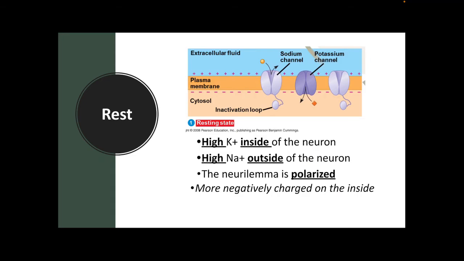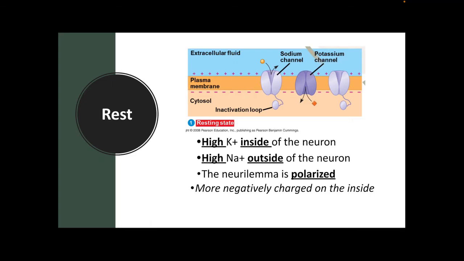The first part of the action potential is called the resting phase. The resting phase is also known as the inactive phase. If you want to write that next to resting phase, aka inactive phase, you are going to have potassium ions located in the cell, and a lot of sodium ions located outside of the neuron.